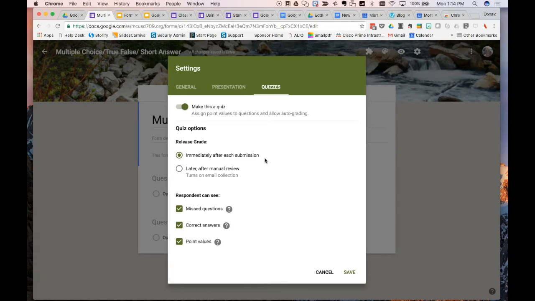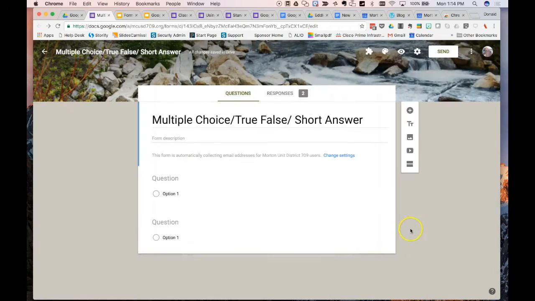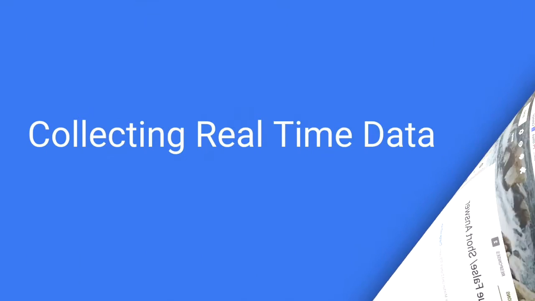And then you can, as a teacher, see how students are doing overall as a class and make changes to your instruction and either focus on something more, or maybe you can go a little bit more quickly through something. So again, this one is maybe the most straightforward of the uses of Google Forms.